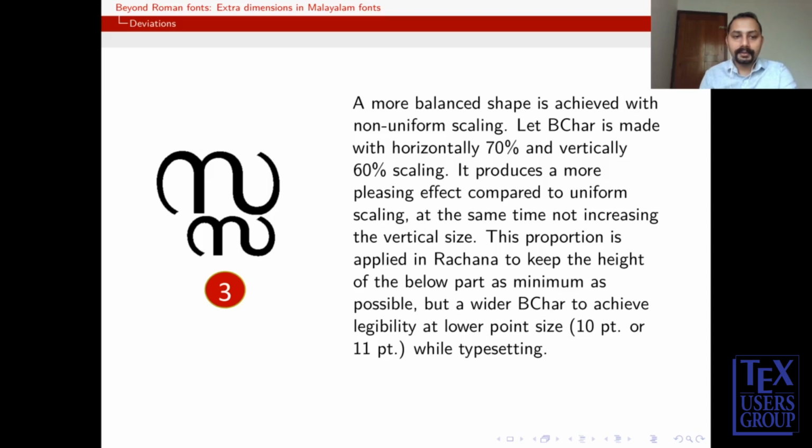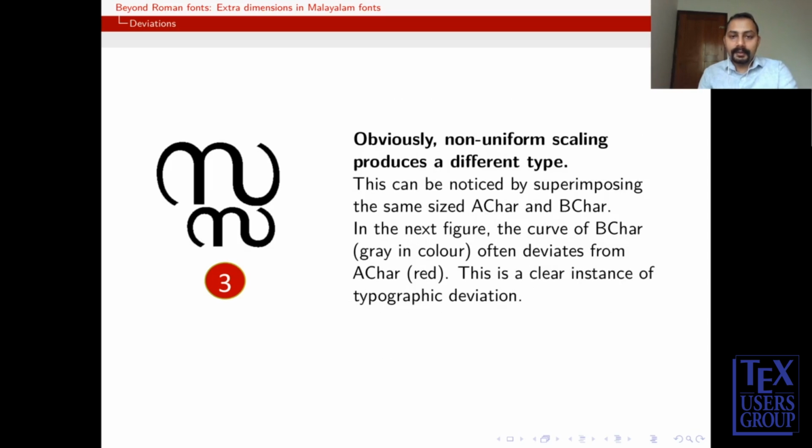And not only is the below base character scaled by 70-60%, the shape of the below base character is also slightly adjusted to improve the legibility, typically at small point sizes. And that invariably produces a different type for the below base character itself. This is probably not acceptable in Latin typography, but in Indic scripts, particularly Malayalam, with a number of vertical conjuncts, this is necessary to produce a much more functional typeface.